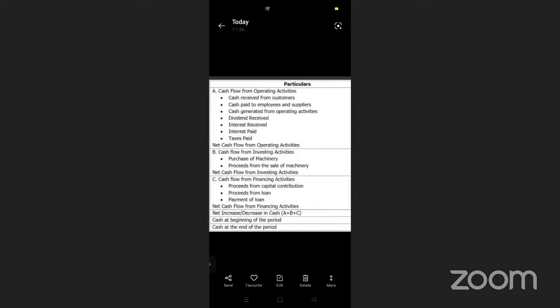Intangible assets come under operating activities under the head non-cash or non-operating items. Fixed assets we have written under investing activities. Even current liabilities we have written under cash from operating activities.